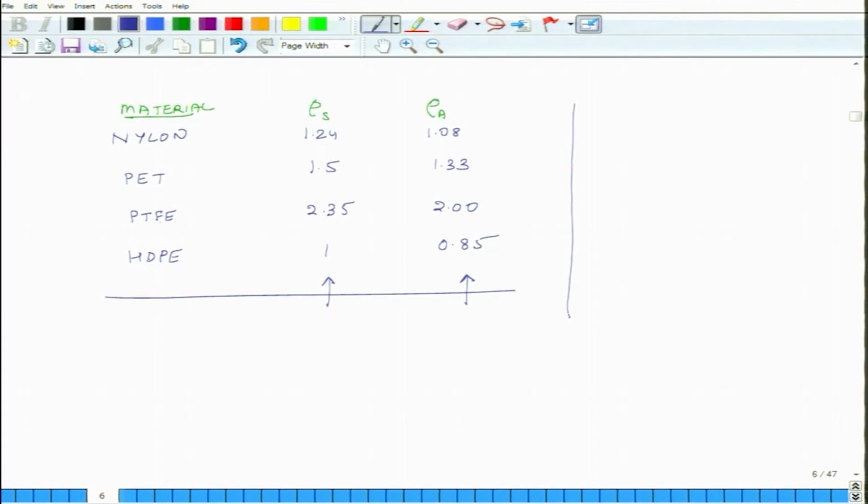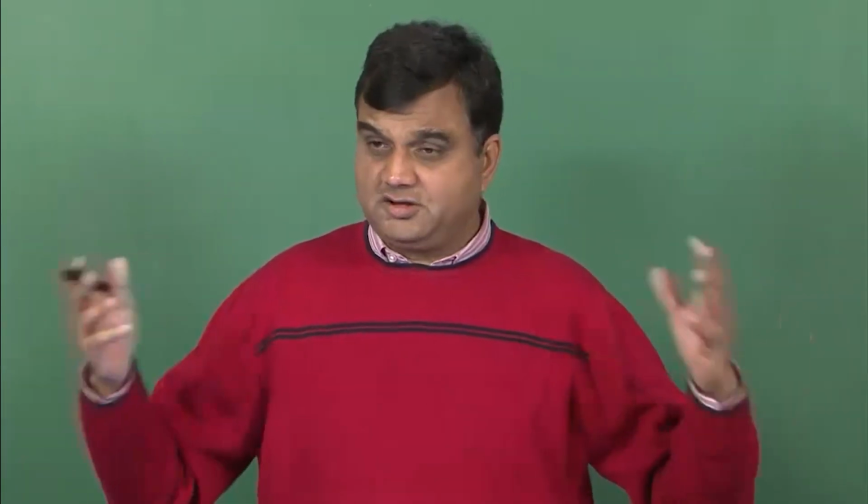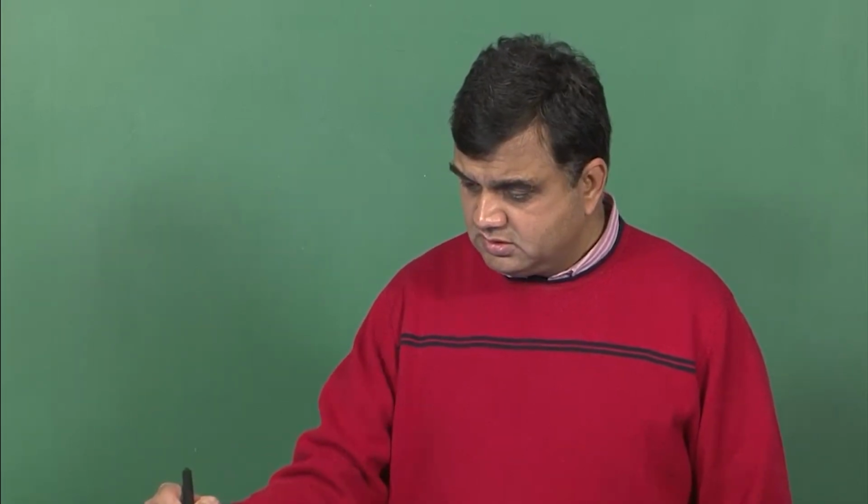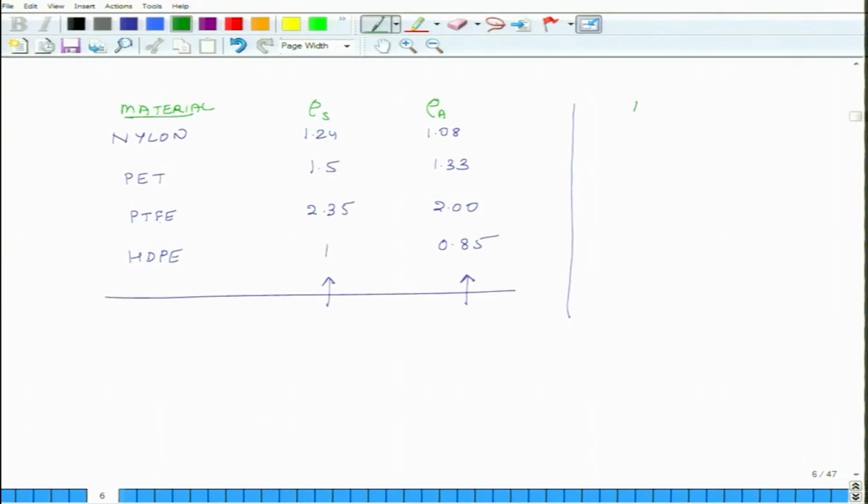And you will wonder what is the level of crystallinity in these things. If it is 100%, everything is very nicely organized, then it is 100% crystalline. But in general, let us look at some numbers. Crystallinity levels. Let us look at polyethylene, high density polyethylene.